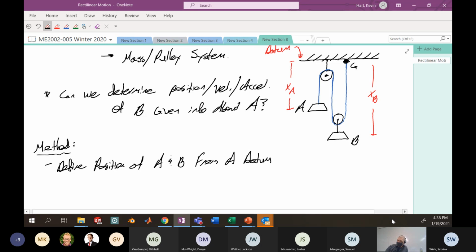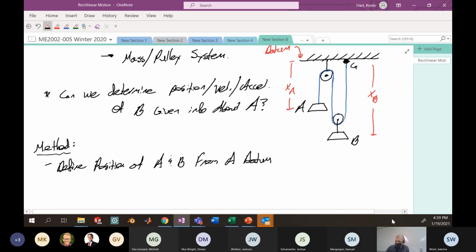We know that the background information governing the dependent motion here is that everything is connected by one rope, and that rope, unless something strange happens, cannot change length.